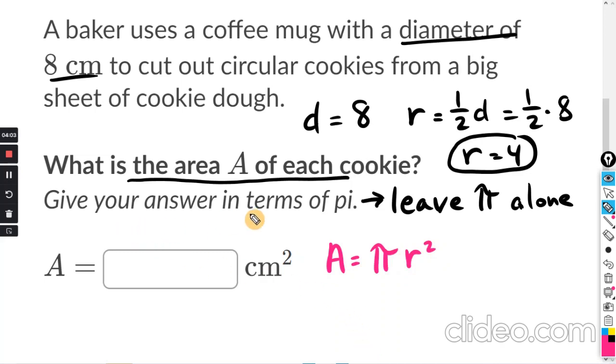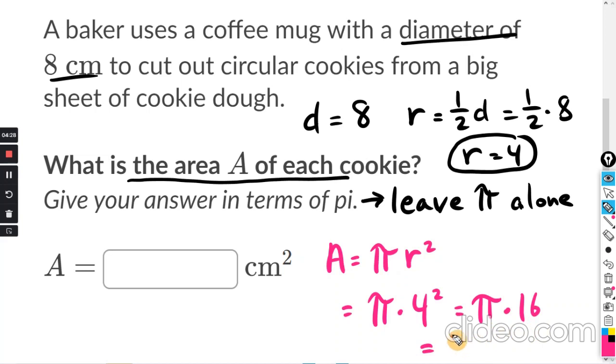All right, and the answer has to be in terms of pi. So we leave pi alone. I'm going to put pi, and that's times r squared, or 4 squared. Okay, and that's going to be pi. 4 squared is 16. And pi times 16, you usually put the number first followed by pi.